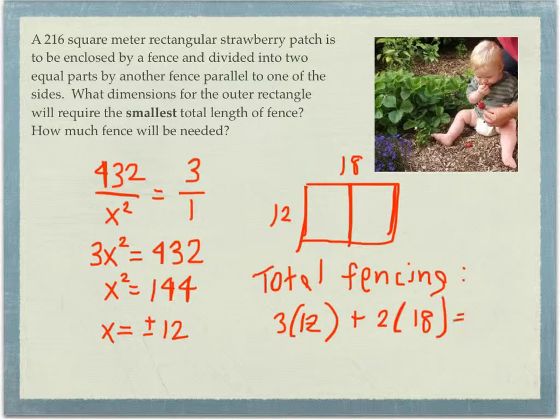So the total amount of fence I need is going to be 72 meters. That's the minimum amount of fence that we need. Remember, if I actually graph this derivative, it would be a parabola opening upwards, so it would have a particular minimum in this case.